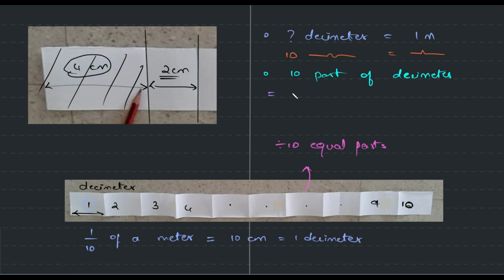And so it will be 100 parts of a meter. Can I tell that? So each of this, if I divide it in 10 equal parts, if I keep doing that, how many parts will be there? 100 parts.